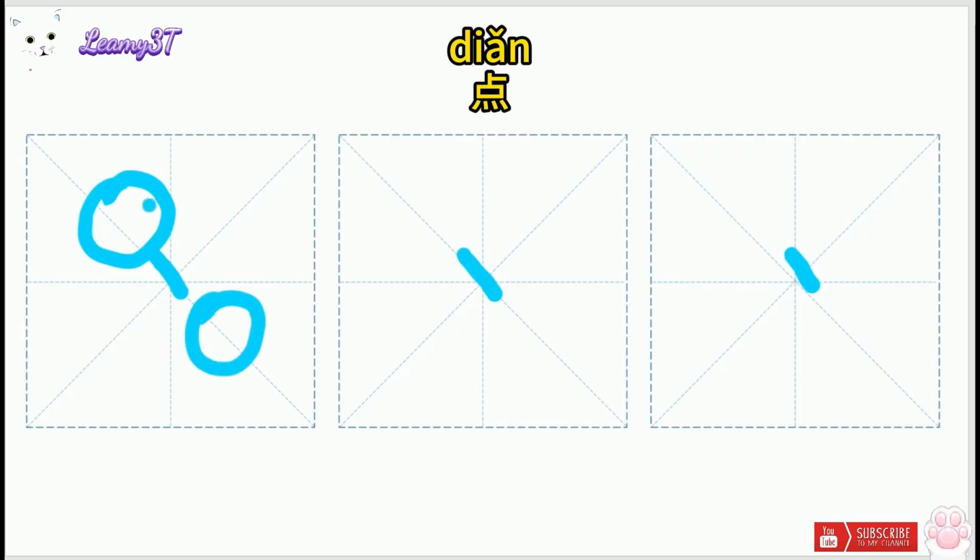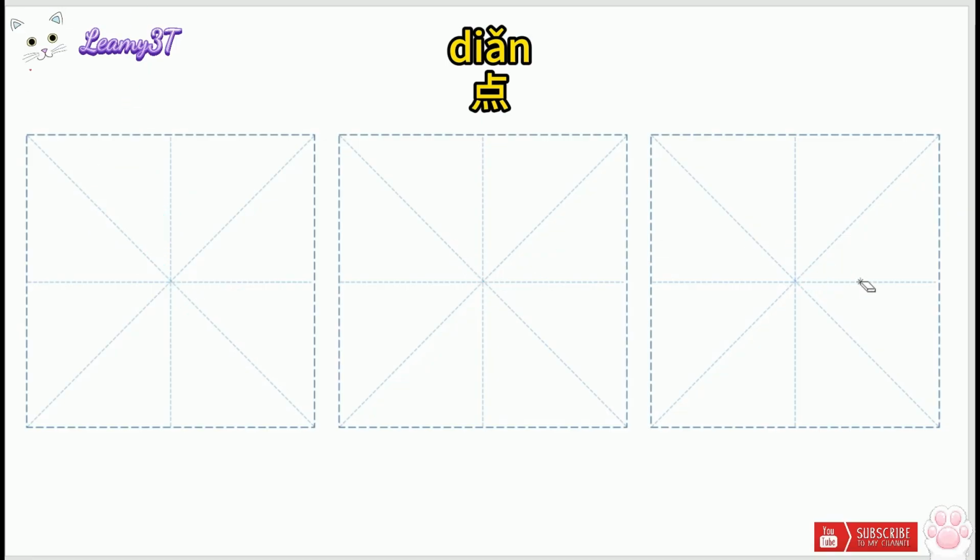If you are using a brush, you'll see the thickness change. But if you are just using a normal pen, you don't need to do that. You just need to write a dot. Not a circle, not like this. No. Okay, so now let's write one more time.